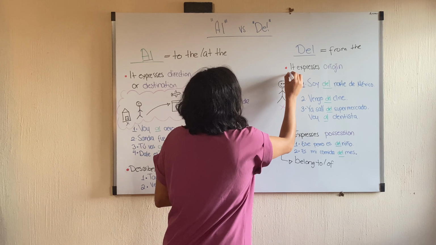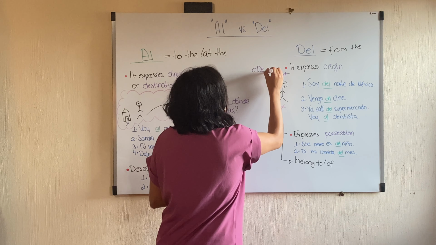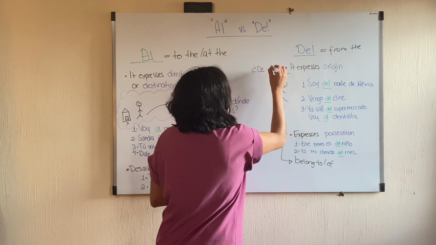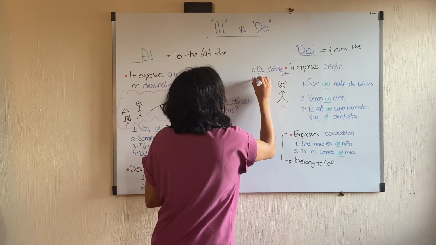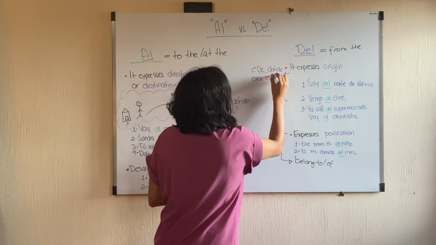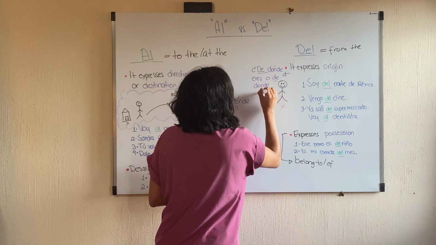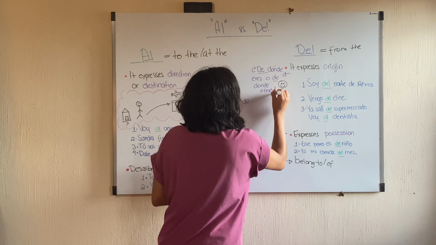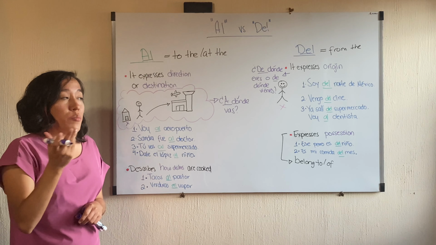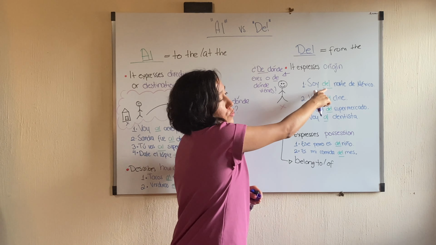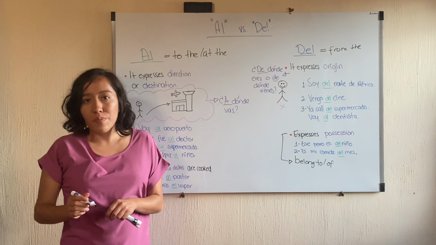For del, we will use this question, ¿de dónde? And check that I'm using the same preposition. ¿De dónde eres? O ¿de dónde vienes? Where are you from? Or where are you coming from? I'm from the north of Mexico, or I'm coming from the movies.